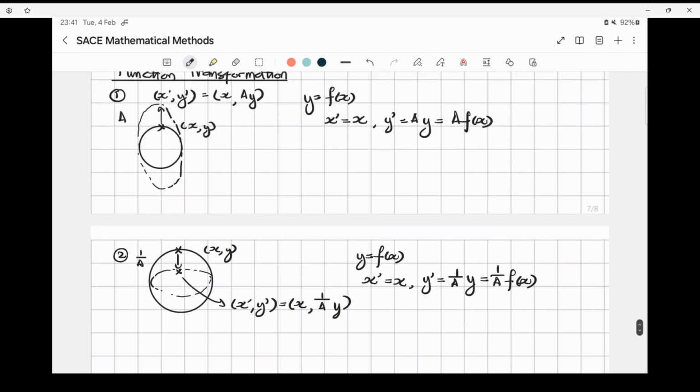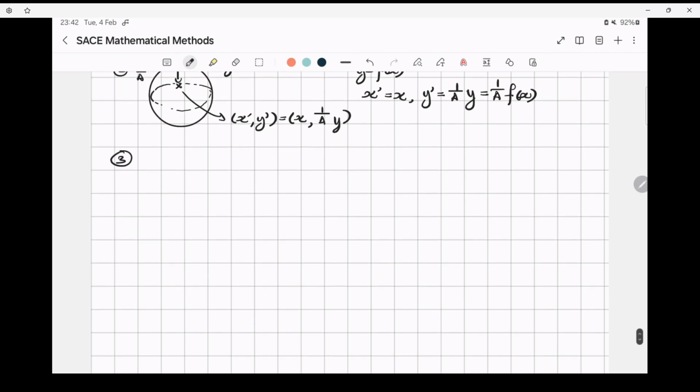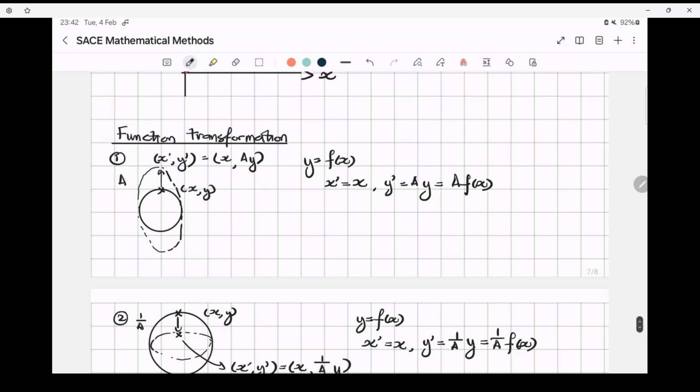So the first two transformations are along the y direction. Now we look at the x direction. Let's write down the transformation over here. For the first one, you can say that this is a stretch in y direction by a factor of a. In this case, your a has to be greater than 1.